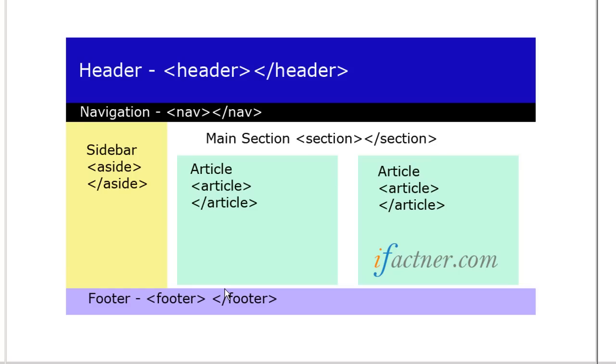HTML5. Before the introduction of HTML5, programmers were using the division tags to form those sections, but the group decided to introduce the header tag for the header section, the nav tag for the navigation so people would be able to navigate through the website, a sidebar with an aside tag, a main section containing the section tag, and different articles within the main section, and those articles were represented by the article tag.